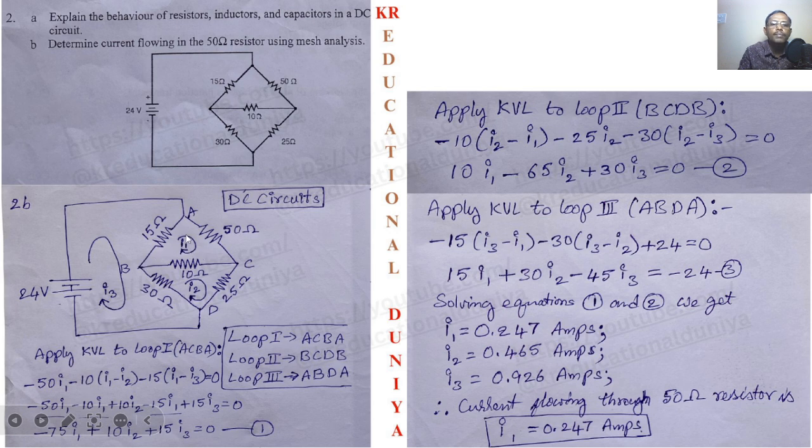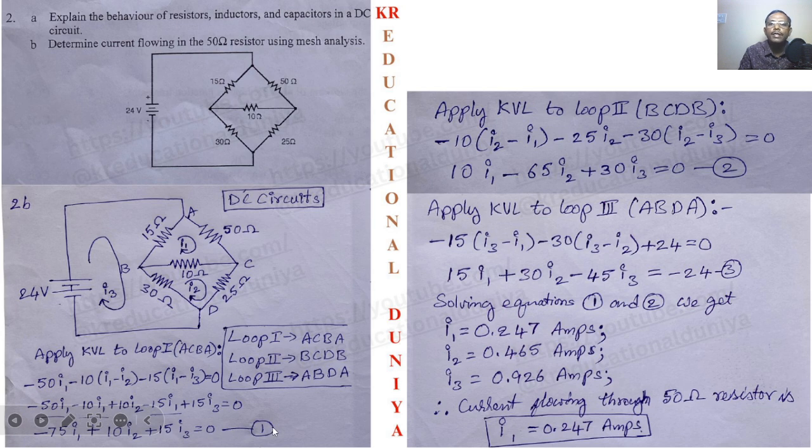So I am starting from A: minus 50 I1 minus 10 (I1 minus I2) minus 15 (I1 minus I3) is equal to 0. This is the first loop equation. After that, we have to write it in terms of I1, I2, I3 equal to a constant.